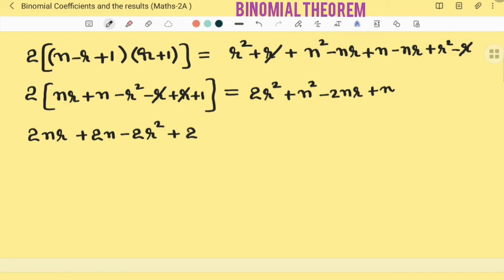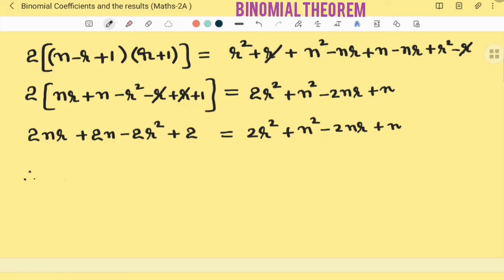Now these values, which is equal to 2r square plus n square minus 2nr plus n. LHS values I am taking into the RHS side.